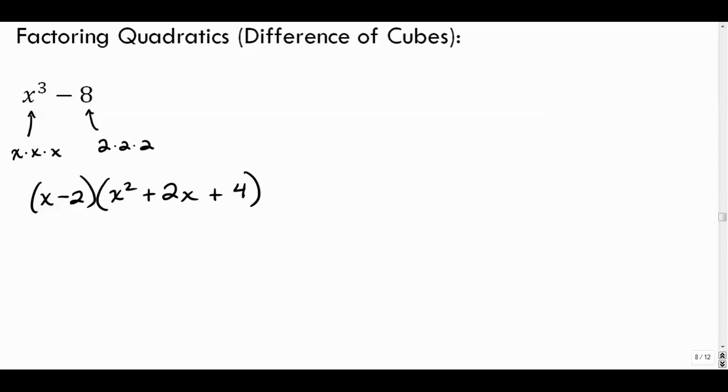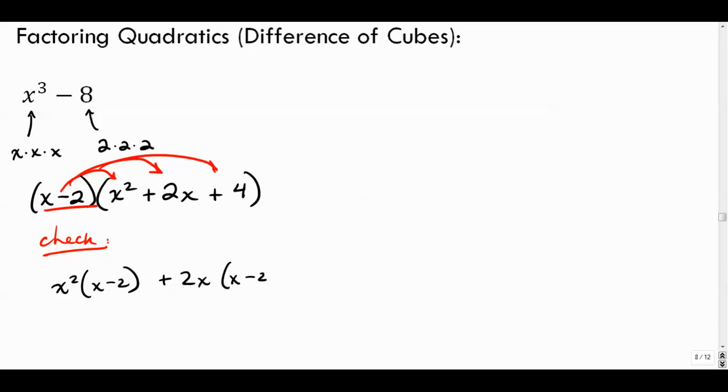So let's check that to make sure that we're good to go. So I go and basically distribute this binomial into all three of these terms, and we'll see if our little formula works. So it's x squared times this little quantity plus 2x times this little quantity plus 4 times this little quantity.